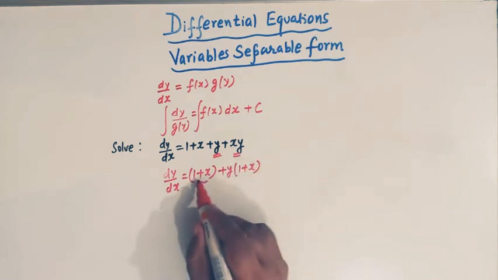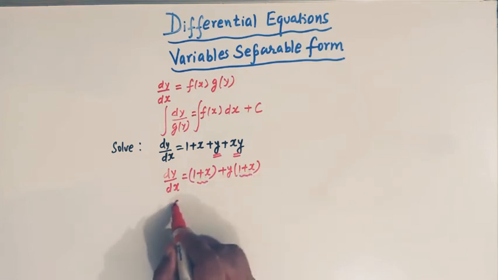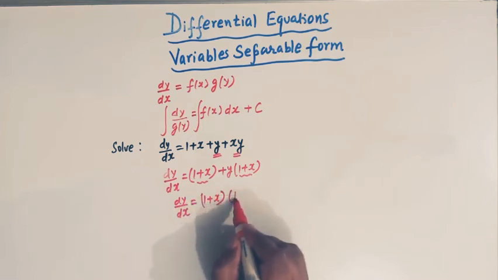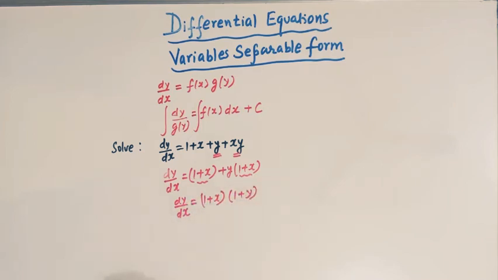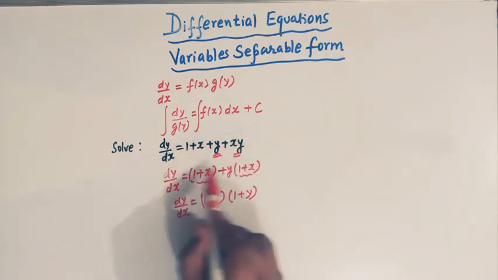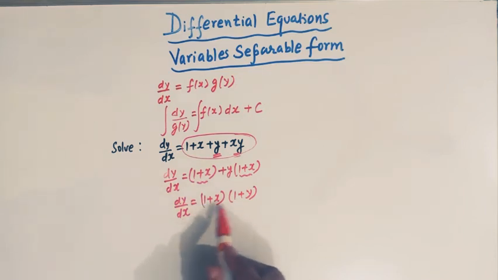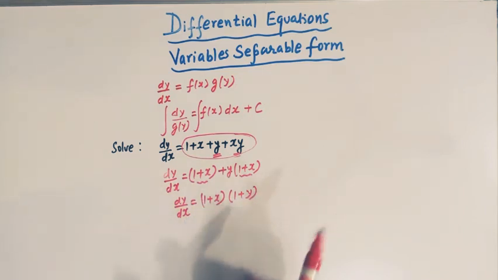Now taking 1 plus x common, we have dy over dx as 1 plus x times 1 plus y. So we have expressed this term as a product of two factors.